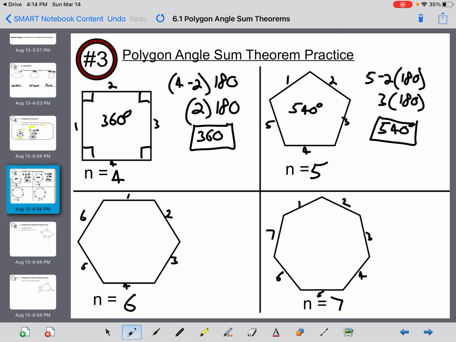Why don't I set up the first one for you? 6 minus 2 times 180. That's because n equals 6, and then try the same for 7. All right, now we'll check your answers when you submit your work.